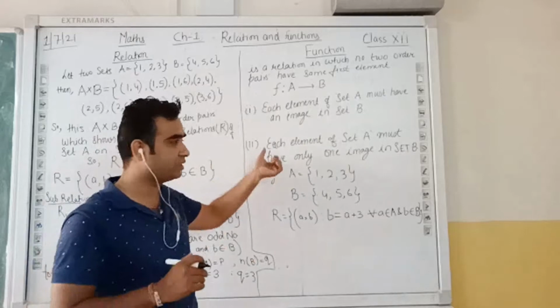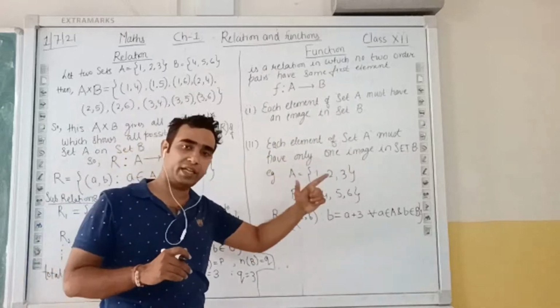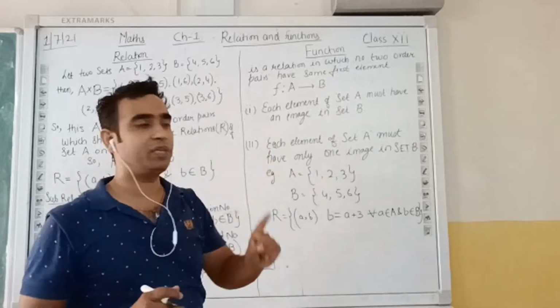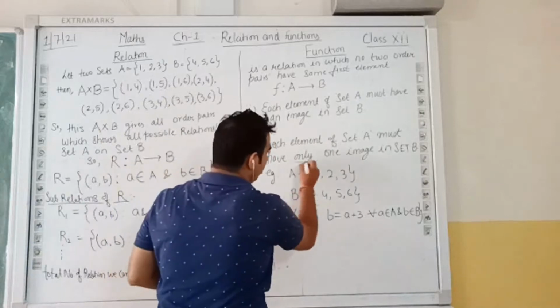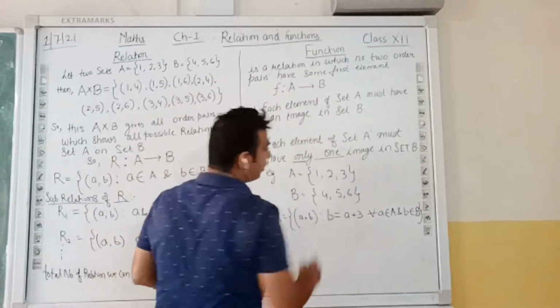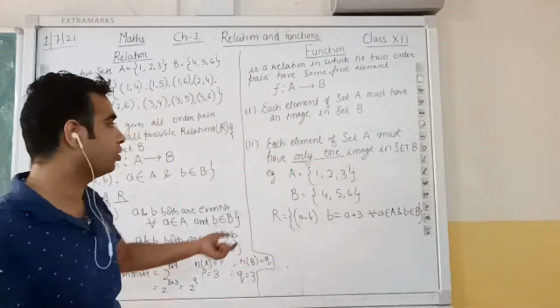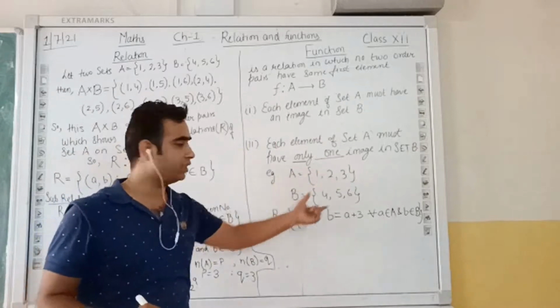Now the second condition is saying that every element of set A must have only one image. Here the emphasis is on only one image in set B. Okay, so here A is 1, 2, 3.